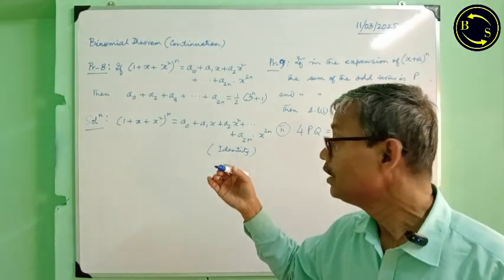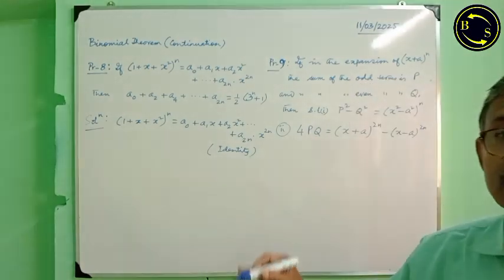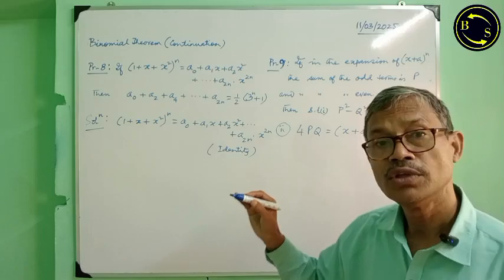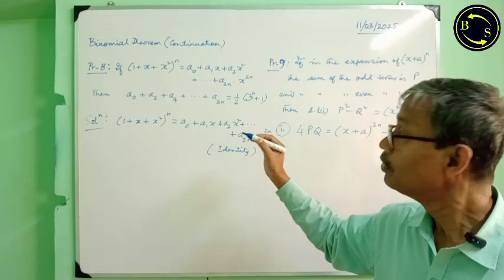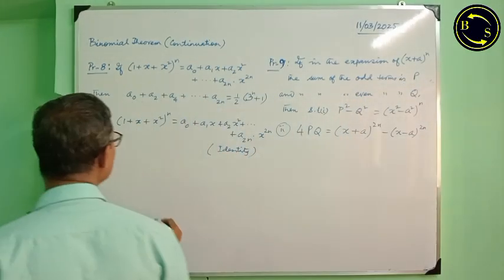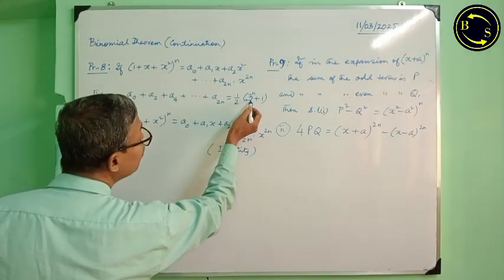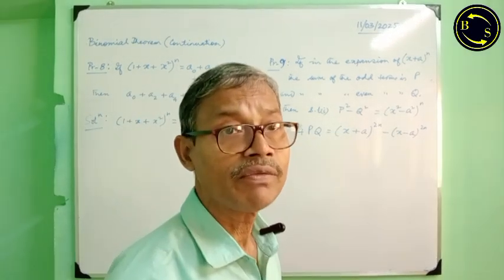That means, if we put x equal to a real value on the left side, that will be equal to the value of the expression when x equals that value on the right side. Since we see 3 to the power n, follow why we are putting such particular values.